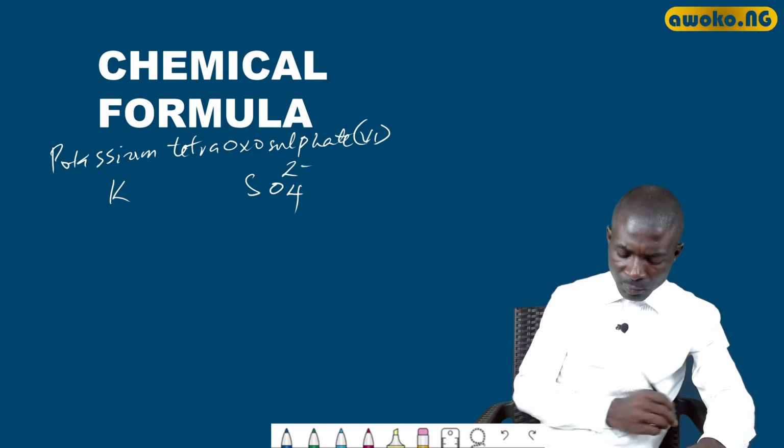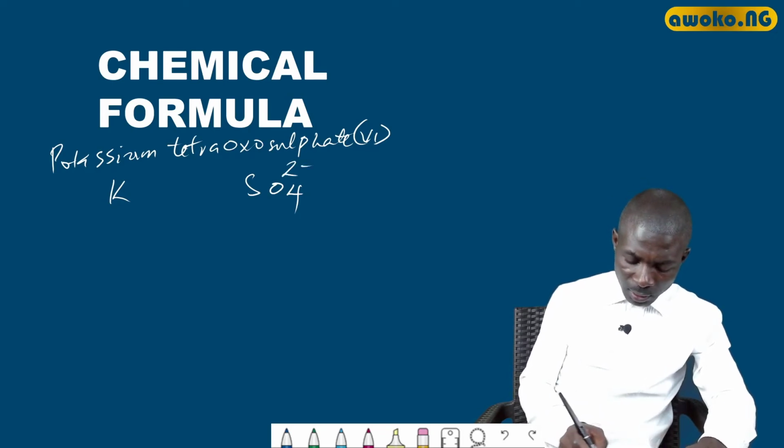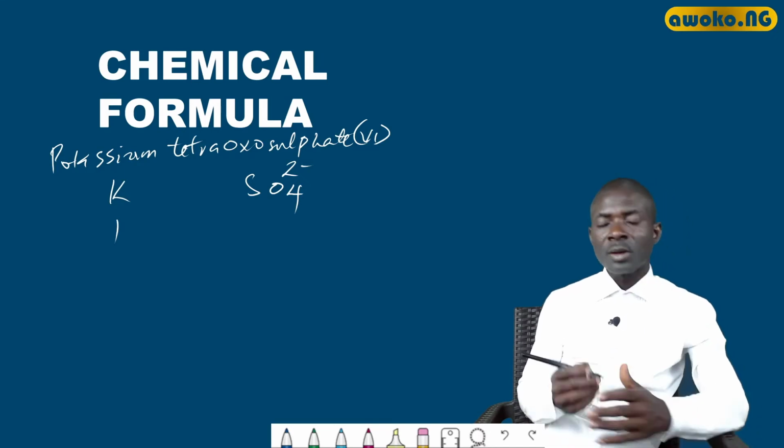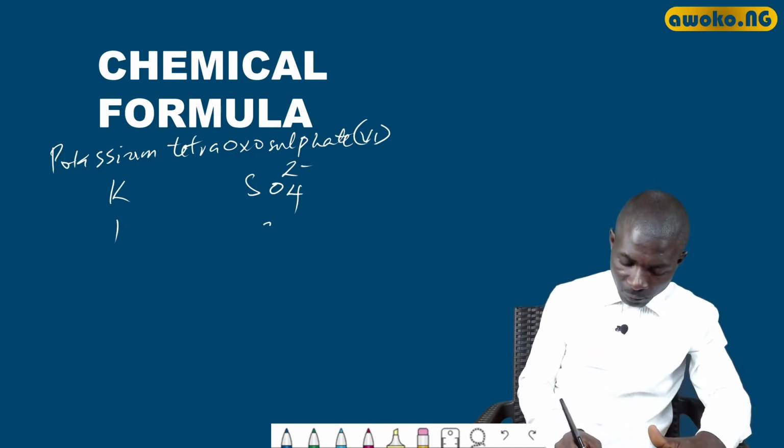So here, the potassium ion is having a valency of 1, while the tetraoxosulfate 6 is having a valency of 2.